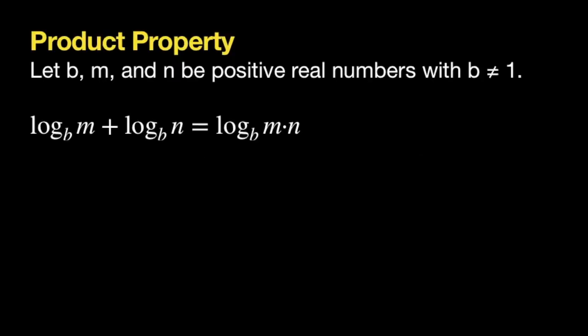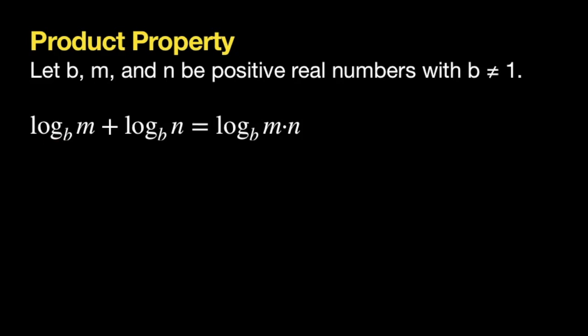Now we're going to be going over properties of logarithms. The first one is going to be the product property. So we're going to say that b is going to be the base, and you have m and n as two positive real numbers, and remember that b cannot be equal to 1.